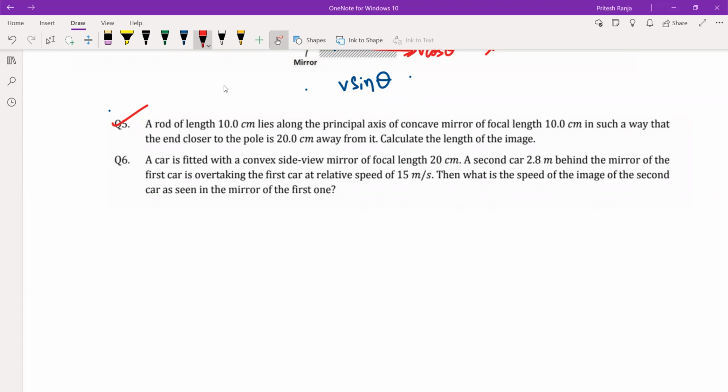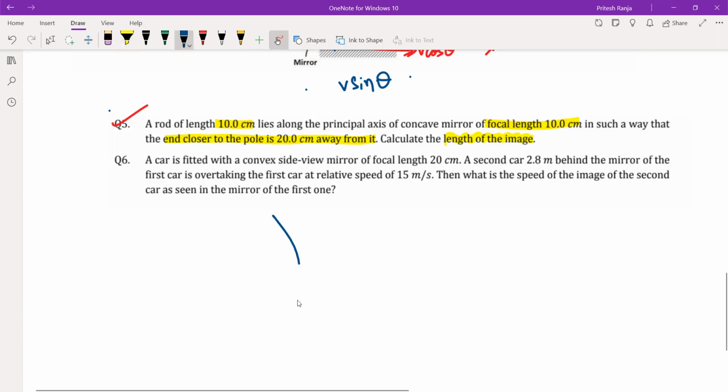A rod of length 10 centimeter lies along the principal axis of a concave mirror in such a way that the end closer to the pole is 20 centimeters away from it. So you have to find the length of the image.